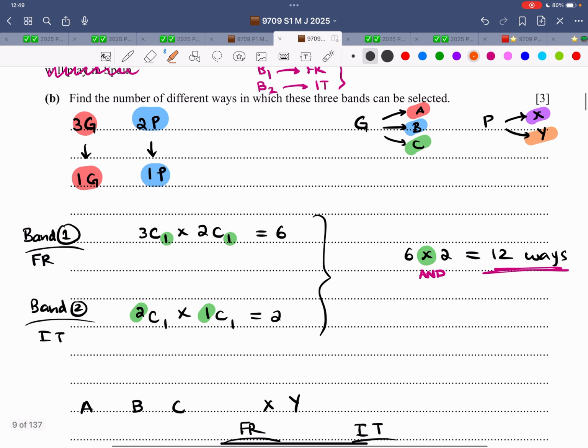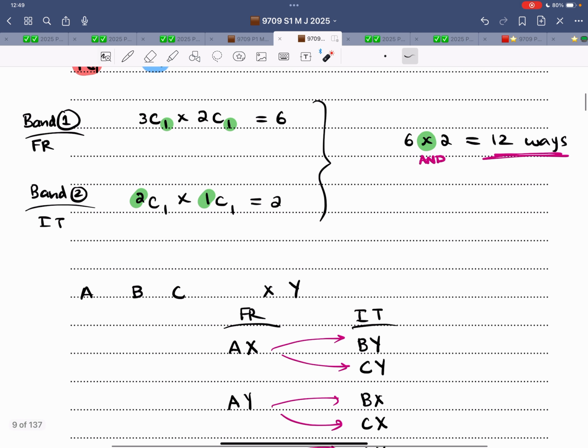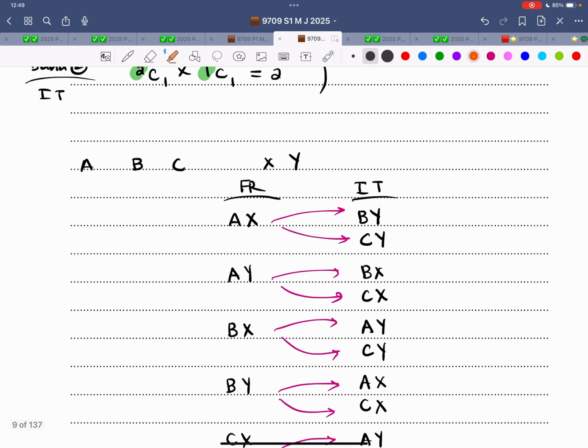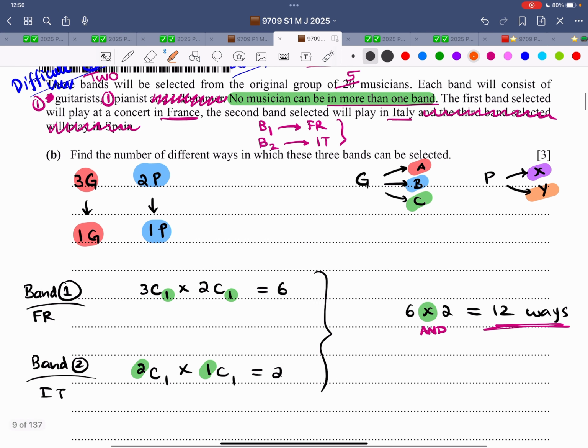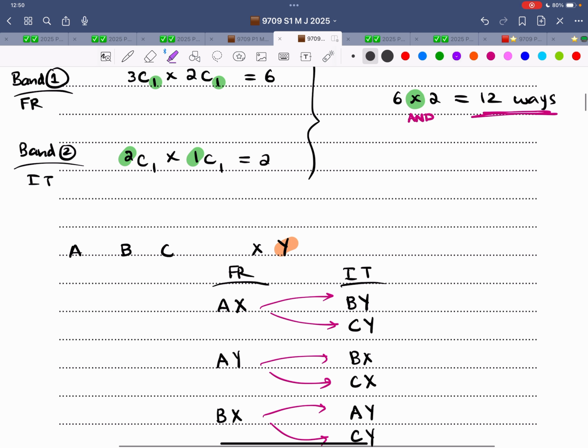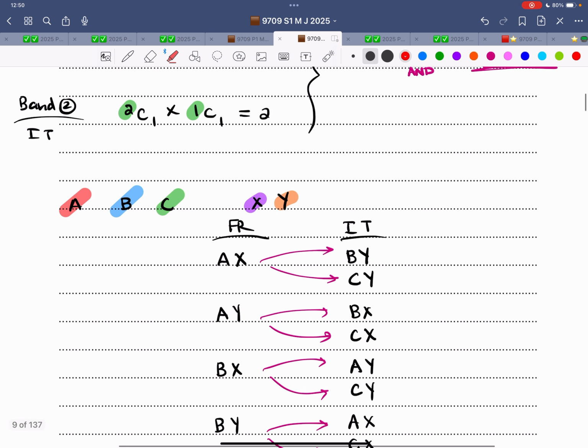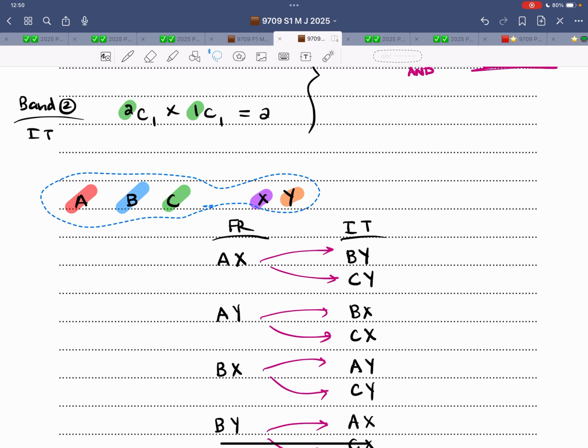Now let's write it down. First of all, remember ABC, guitarist, XY, pianist. So these are the 3 guitarists. That is Y, hold for a second, purple color. Okay, so that is X, and then this is C, and then this is B. So of course, this will take some time for you to understand thoroughly, because once you get it, the original question will become easy.